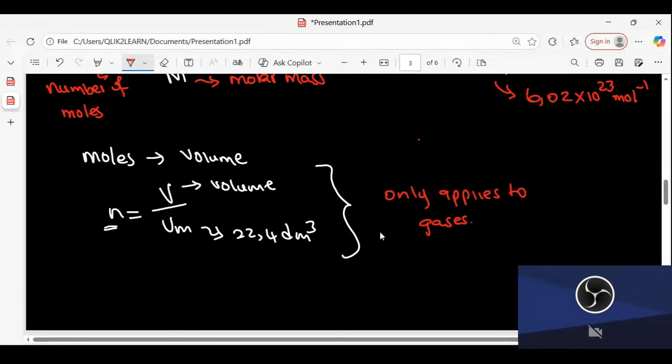The molar volume at standard temperature, most of the time we're talking about STP, is that 22.4.